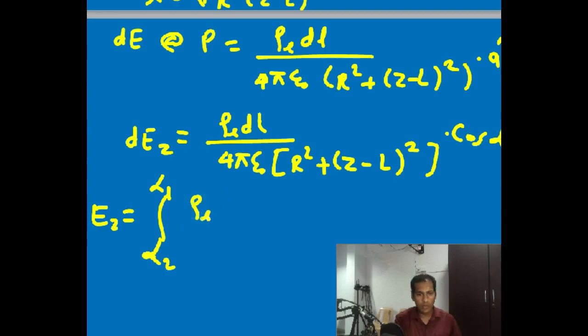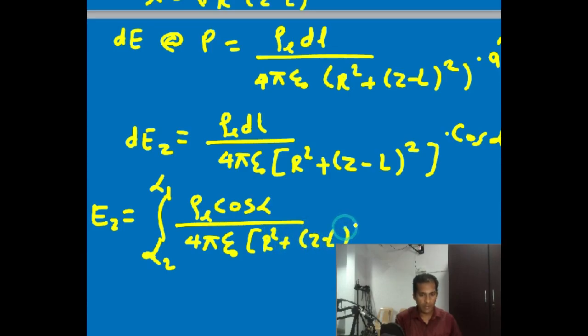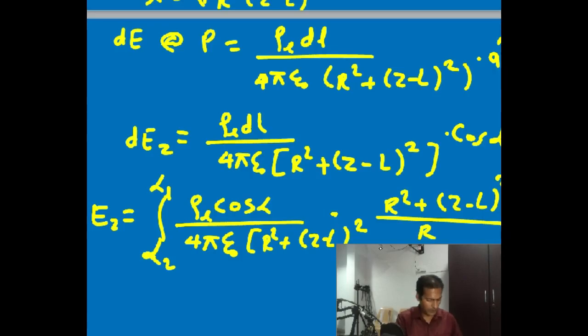So it will be equal to rho L cos alpha divided by 4 pi epsilon naught r square plus z minus L square into r square plus z minus L whole square divided by r d alpha.